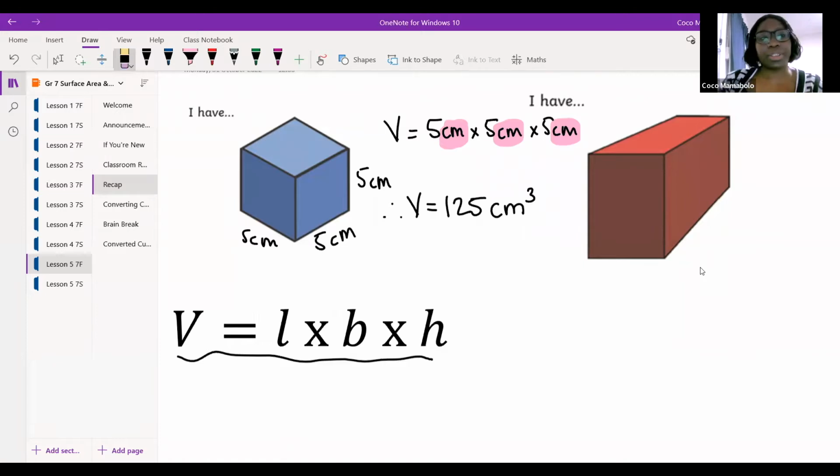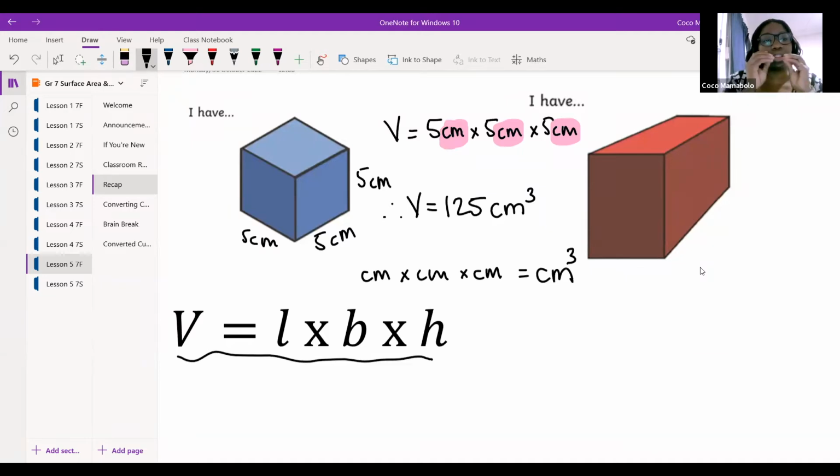Okay, I hope everyone is with me. So now we just learned that if I have 2 cubed, it's the same thing as 2 times 2 times 2. Now, what we're doing when we're calculating over here is we've got centimeter times centimeter times centimeter. And I can write it as centimeters cubed.